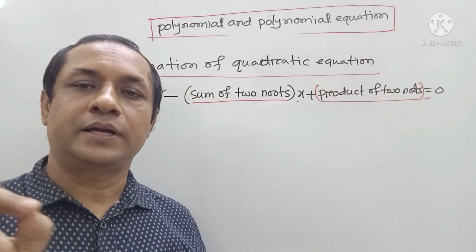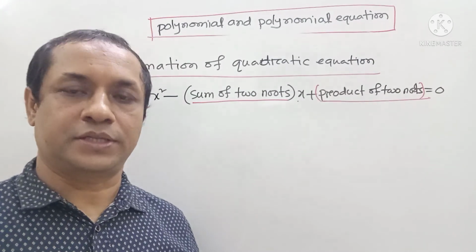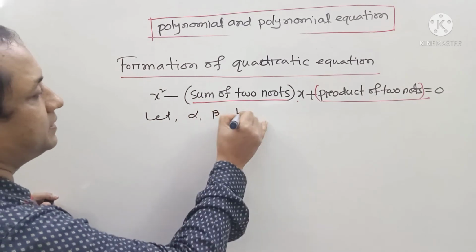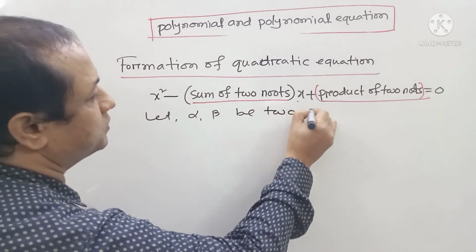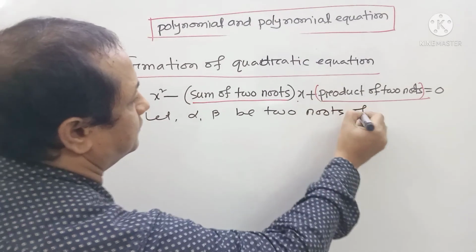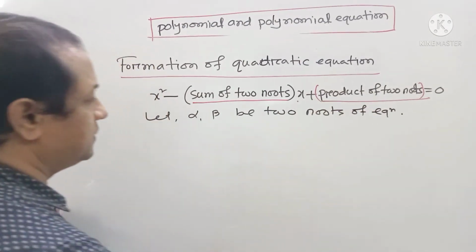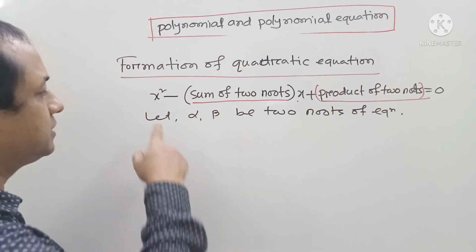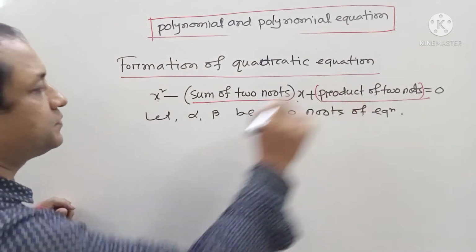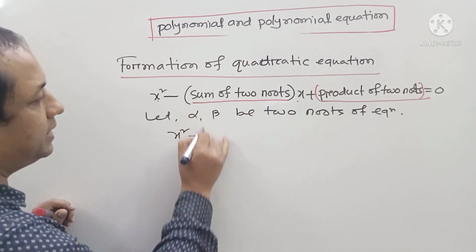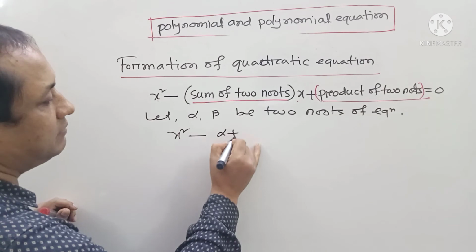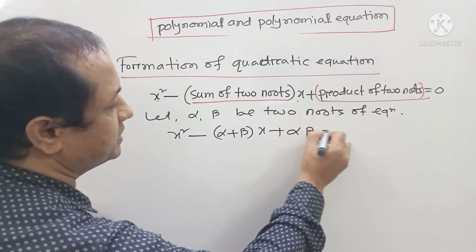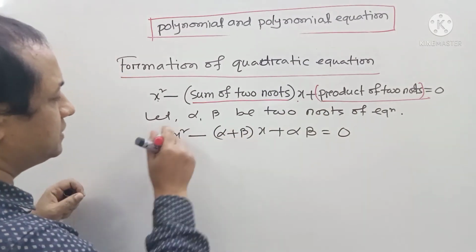Now let alpha and beta be the two roots of the equation. So the required equation, using this formula, is x square minus sum of two roots, meaning alpha plus beta, into x plus product of two roots, meaning alpha beta, equals 0.